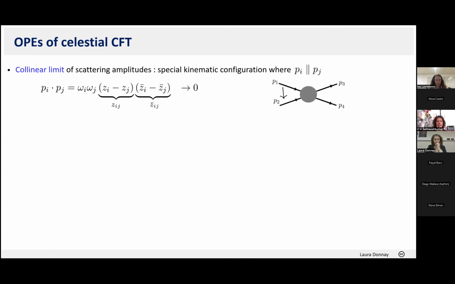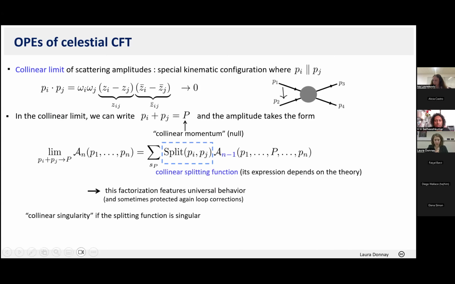So here we already see some OPE limit appearing, because z_ij is going to zero. Let me try to make that a little more precise. In the collinear limit, you can always write p_i plus p_j as another null momentum.